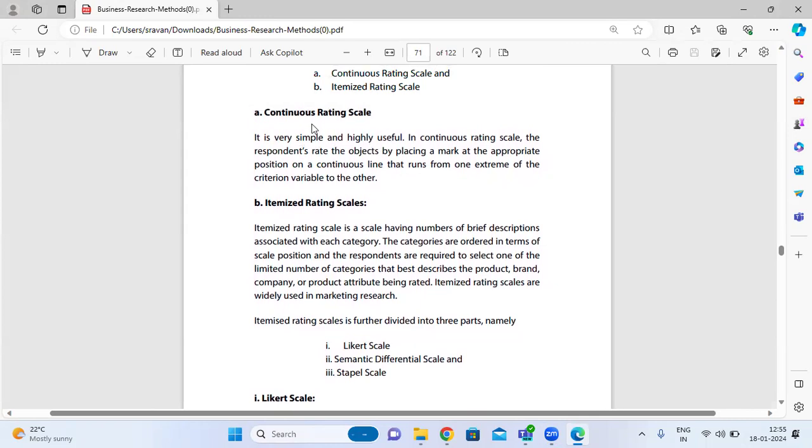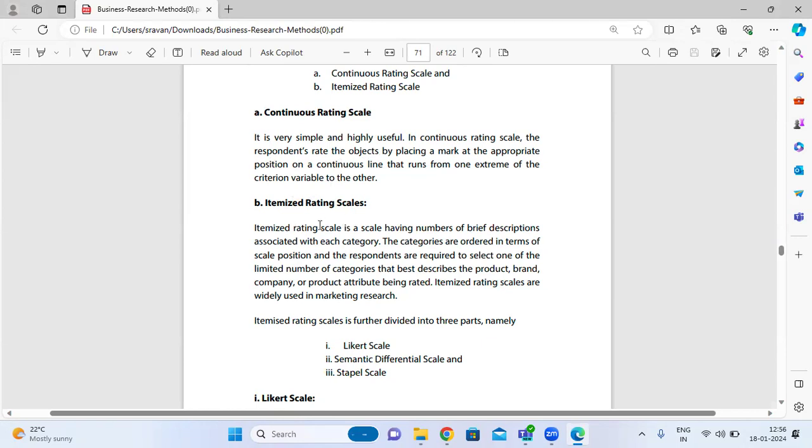In a continuous rating scale, respondents rate the objective by placing a mark at the appropriate position on a continuous line that runs from one extreme of the criterion variable to the other.